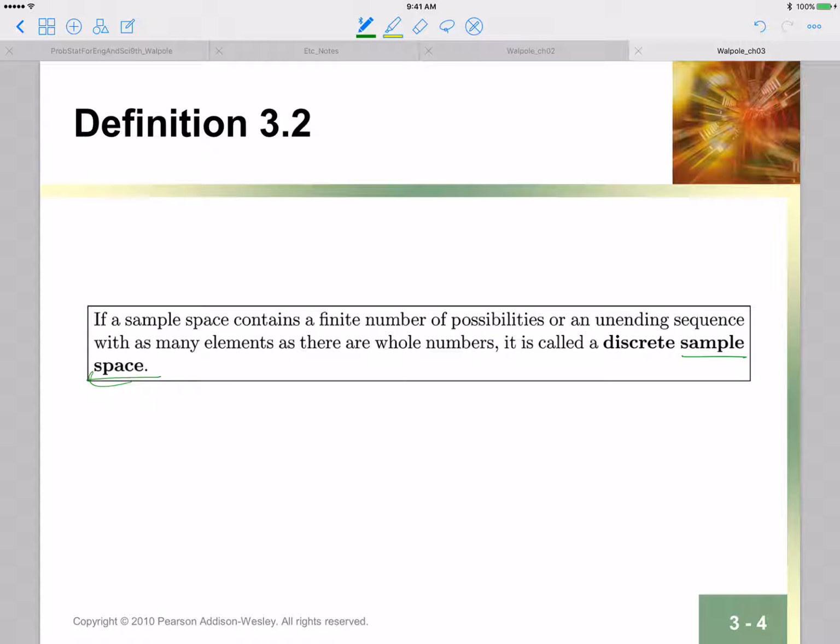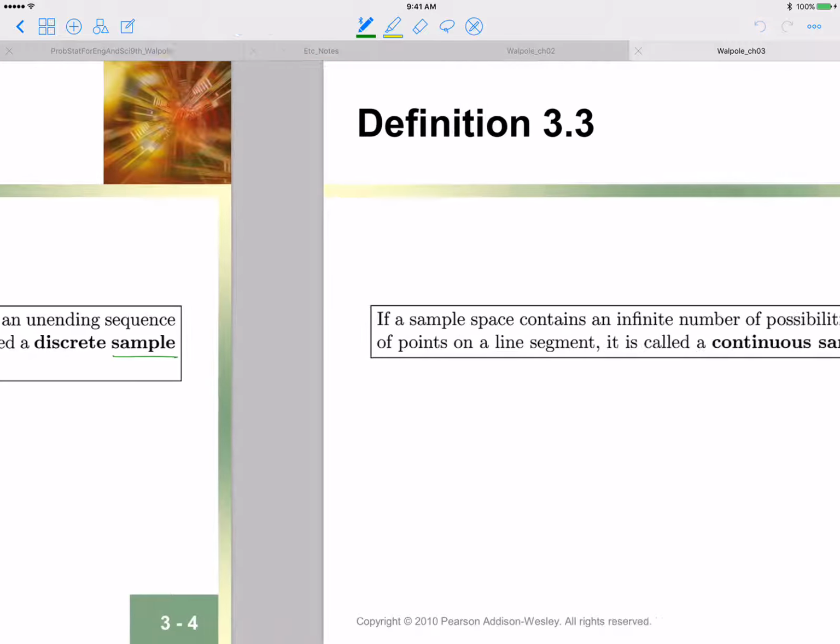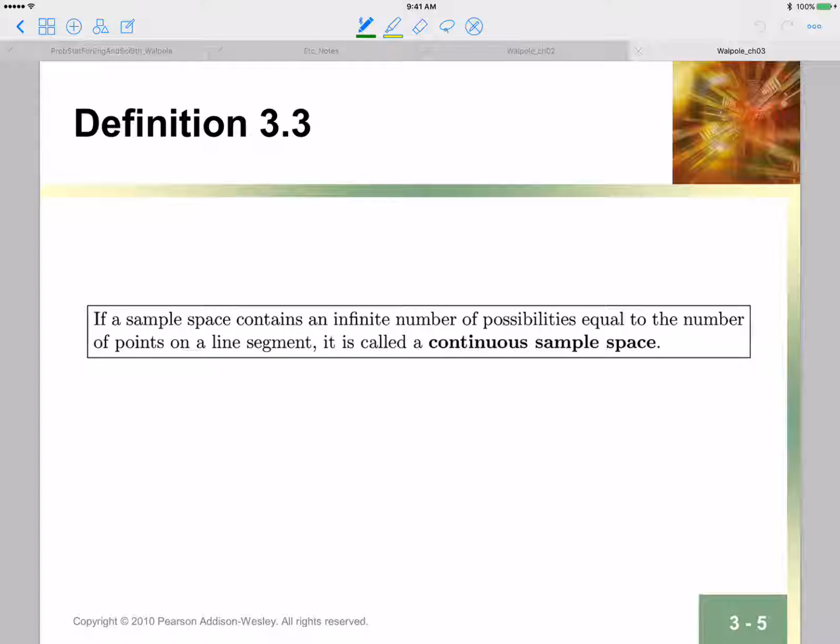Our set has a finite number of elements, or it can have an infinite number of elements. Depending on these two, we call the finite case a discrete sample space, and the infinite case a continuous sample space.